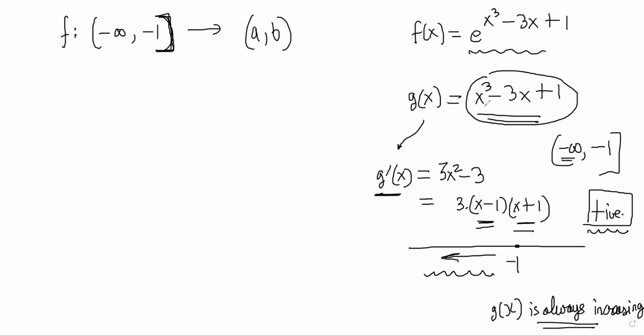When x is minus infinity, g of x is also going to be minus infinity, right? And it is always increasing till here, no? So what is the highest value? The highest value will happen at -1, right?